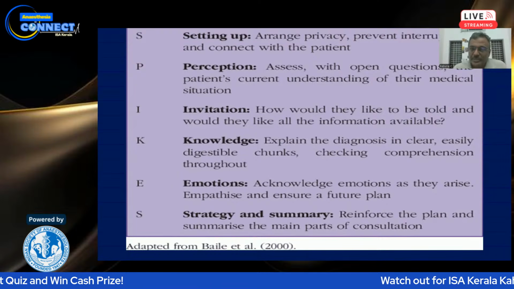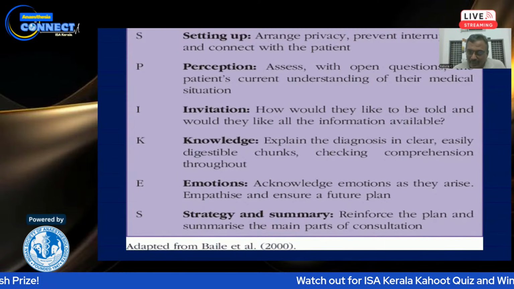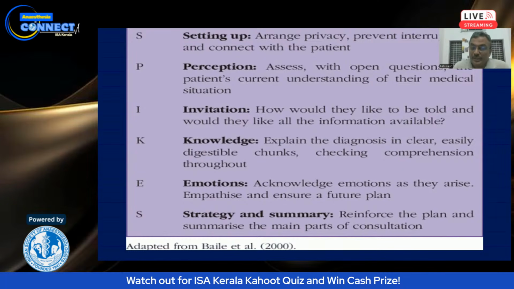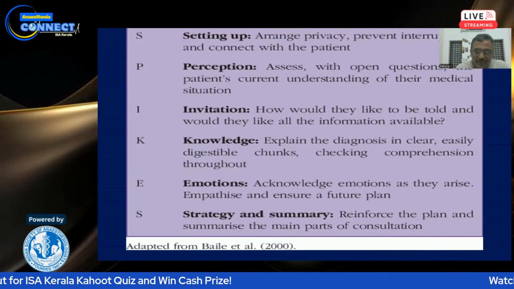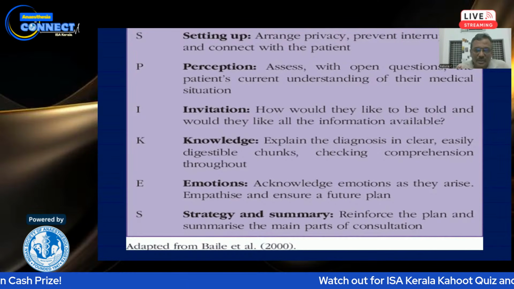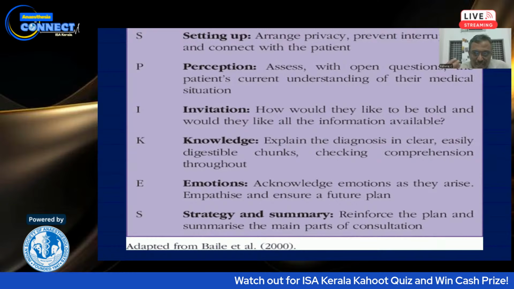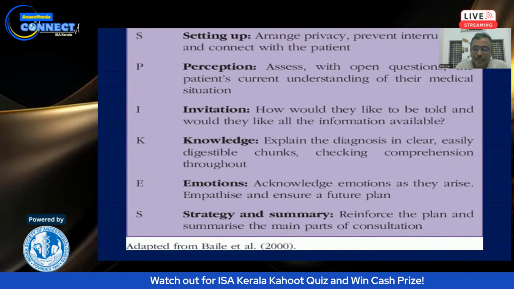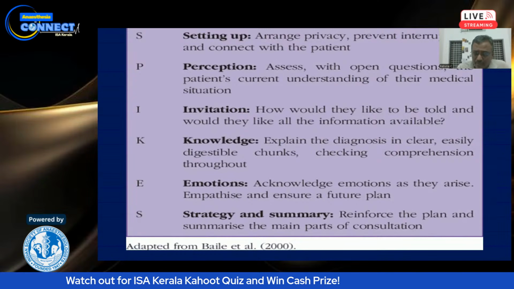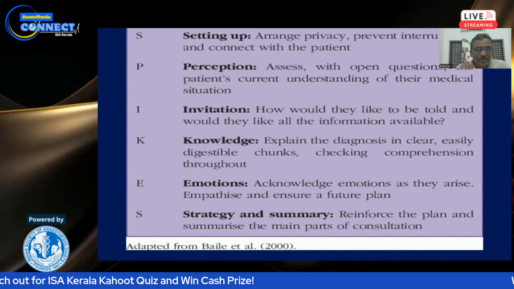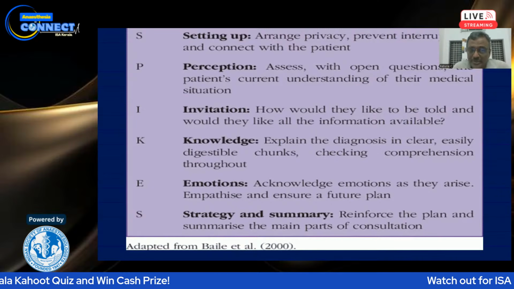And invitation is getting permission from the patient to deliver the bad news. And K, knowledge, is the phase during which you are delivering the facts. You are delivering the bad news to the patient in small digestible chunks. And whenever you are delivering the bad news, always look for the emotional reaction of the patient.